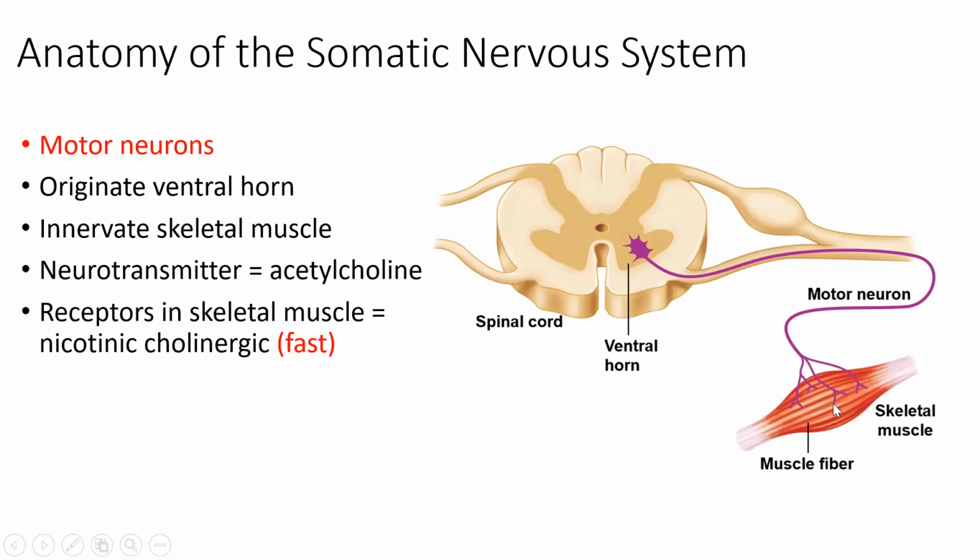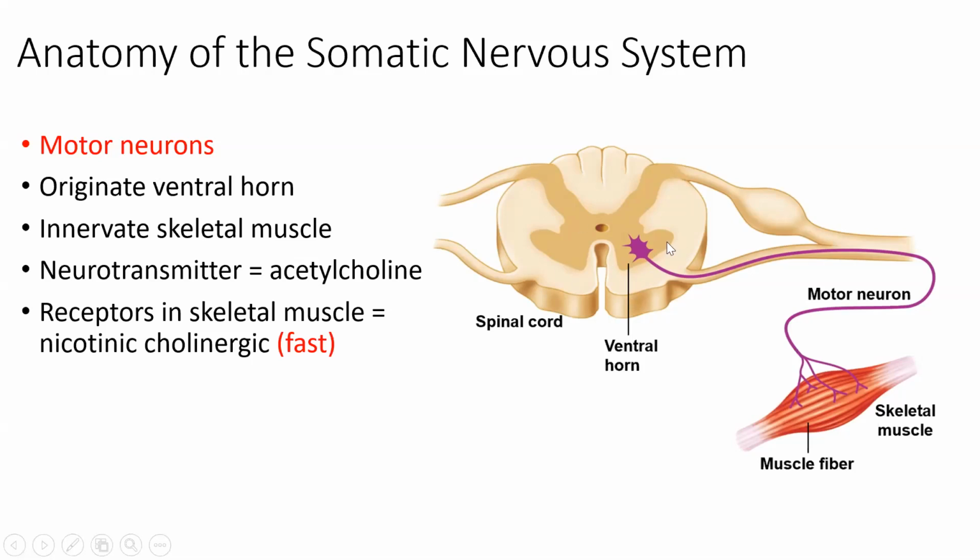It's originating from a different part of the spinal cord. So if we recall, the autonomic fibers arose from the lateral horn, so this bulge here, of the cross-section of the spinal cord, whereas the fibers that innervate skeletal muscle, our motor neuron fibers, these originate from the ventral horn of the spinal cord.